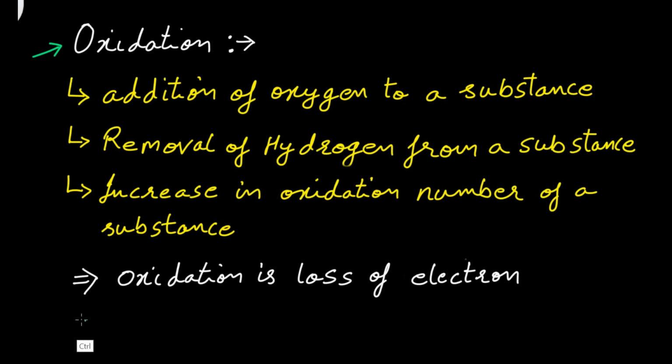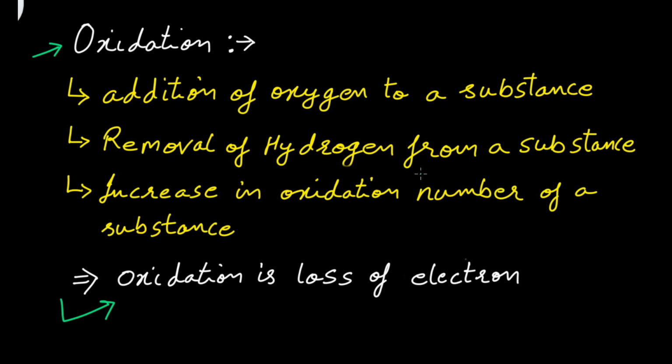And the last definition is the most general and most useful for you, that is oxidation is nothing but loss of electron. Now we will use this definition a lot of times. Why? Because if you see the first definition, it is addition of oxygen, second is removal of hydrogen.